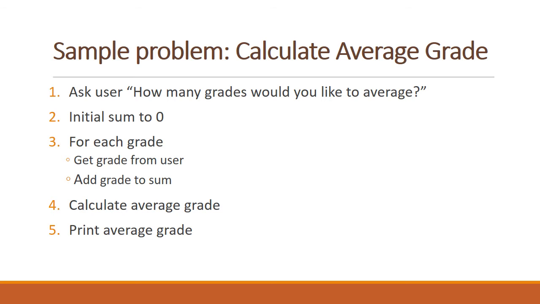Then we're going to initialize the sum of the grades to 0. And then for each grade, we're going to ask the user for a grade, and we're going to add that grade to the sum. Once we've received all the grades from the user and calculated the sum, we're going to calculate the average by dividing the sum by the number of grades, and then we're going to print the average for the user.